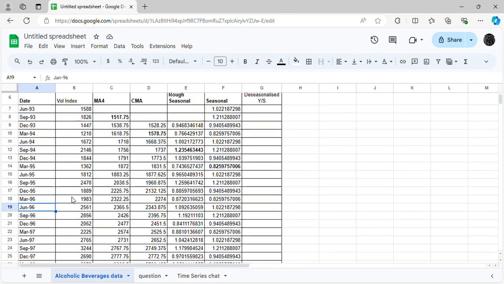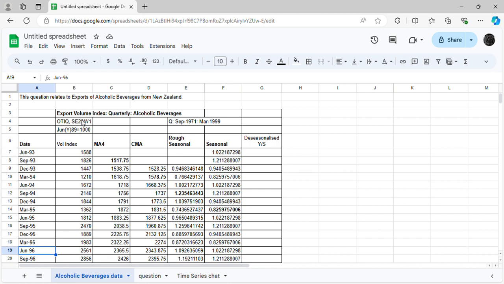So the data is export volume index, that's in quarterly alcoholic beverages. So the base is June 1989 equal 1000.